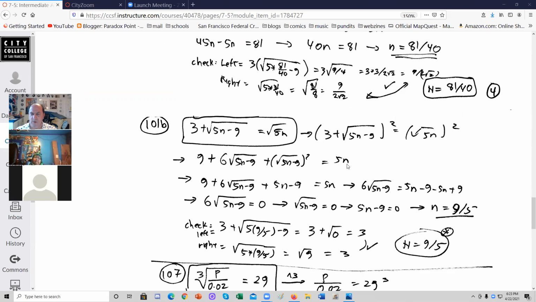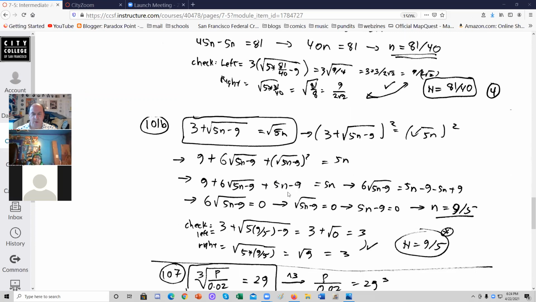Root 5n squared is 5n. Square of a sum is square plus twice product plus square. 3 squared is 9. 2 times 3 times the root is 6 times the root. The square of this root, we square away the root. So you get 9 plus 6 root 5n minus 9 plus 5n minus 9 equals 5n.